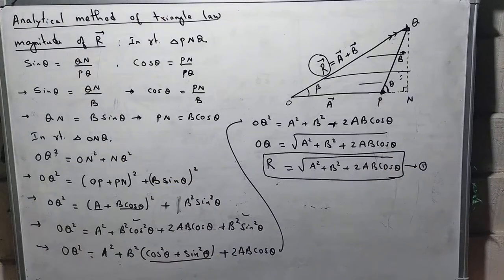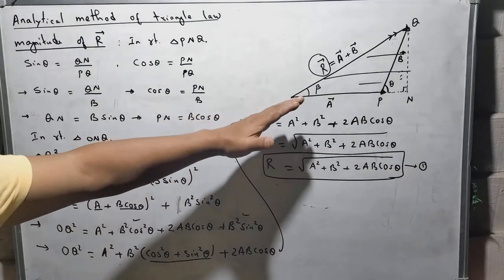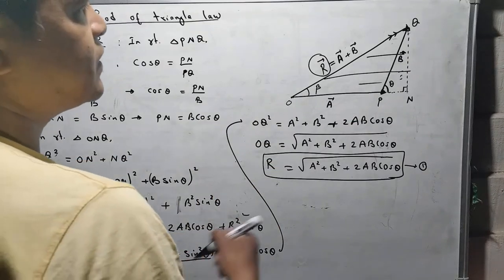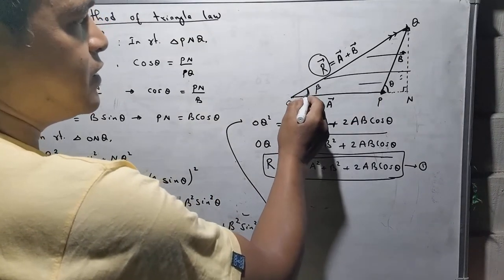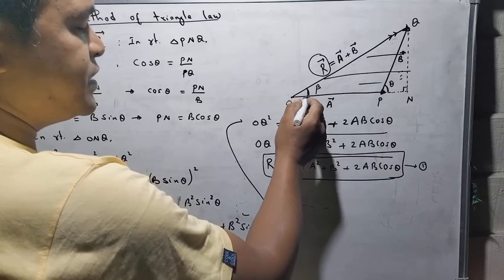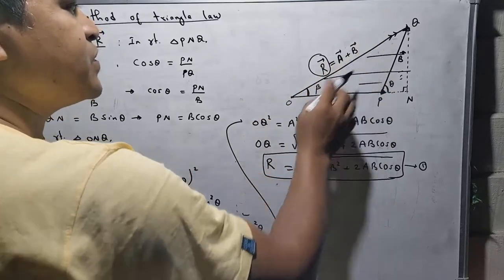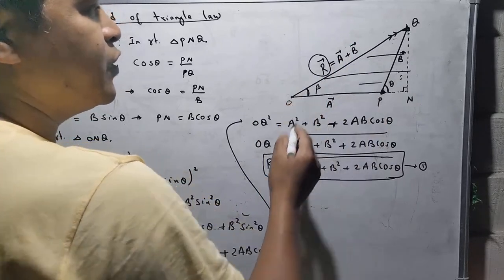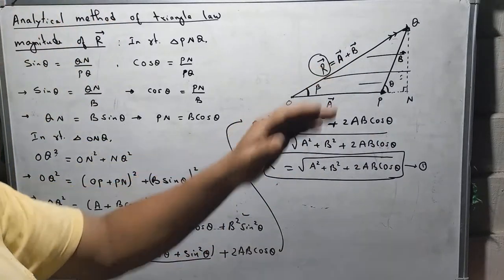Next, in which direction is this vector R acting? To know the direction of the resultant vector, we need to consider an angle beta. This angle beta is the angle between the resultant vector and the vector A. If you know this angle, then you know in which direction this R is acting.